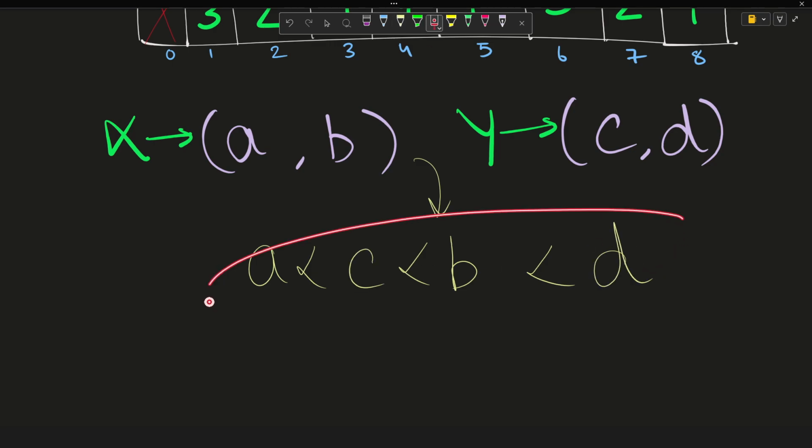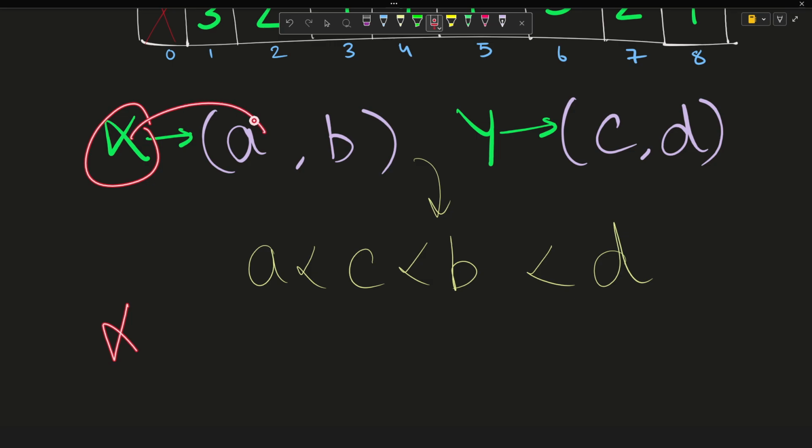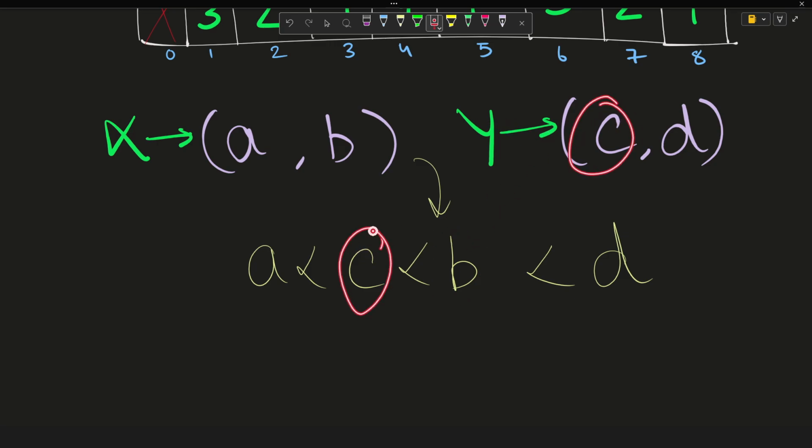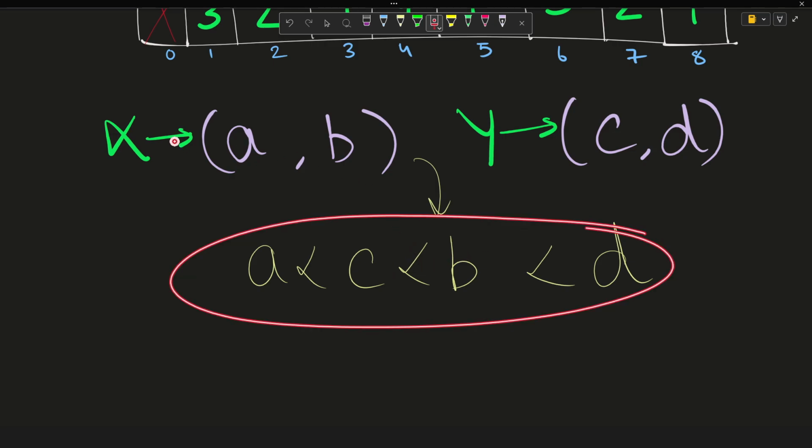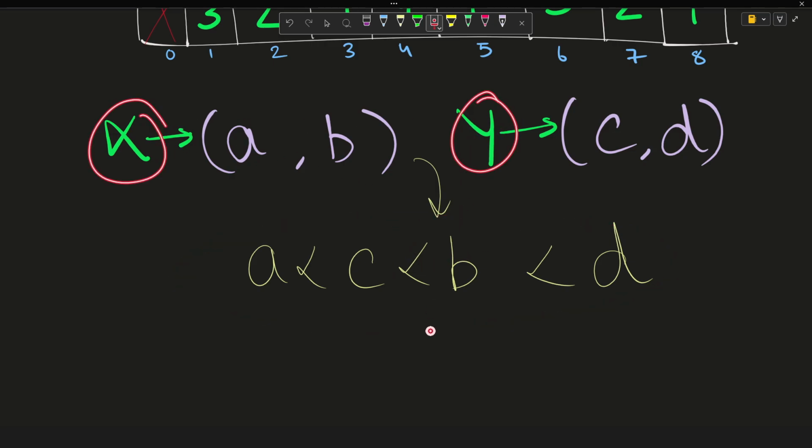So this is not very hard to understand actually. So what does this mean? It means that the xth cow entered the field at time A and is leaving the field at time B, but before actually leaving, another cow with entry time C entered the field. So if this condition holds, it means that these two different cows are an intersecting pair, and we have to calculate this number of pairs only.